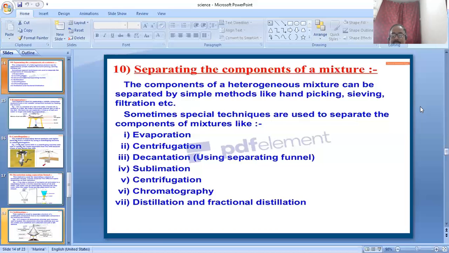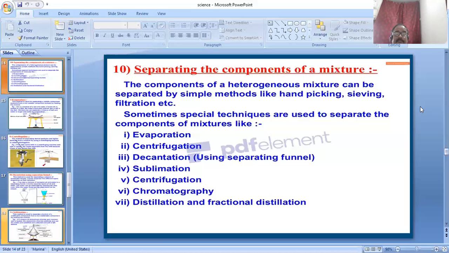The best example is a mixture, crude petroleum. It contains petroleum ether, petrol, kerosene, naphthalene, diesel, lubricant oil, and fuel oil. So all these components are obtained by the fractional distillation of crude petroleum. So this is to obtain the useful components of a mixture. So these are the reasons for separating the components of a mixture.